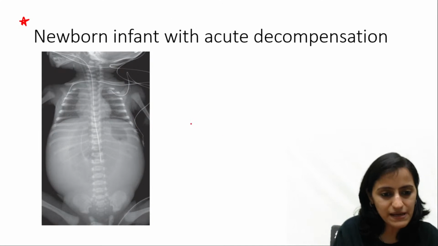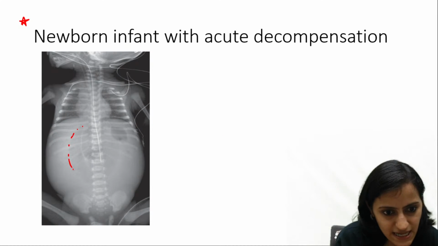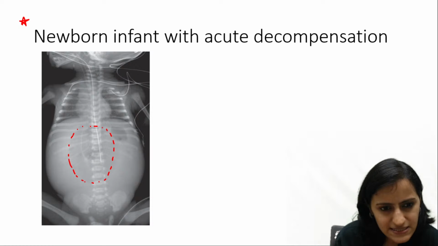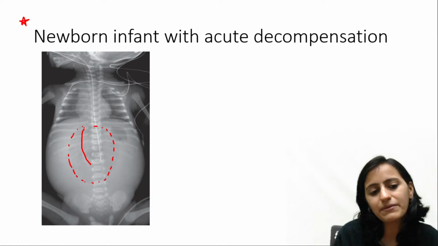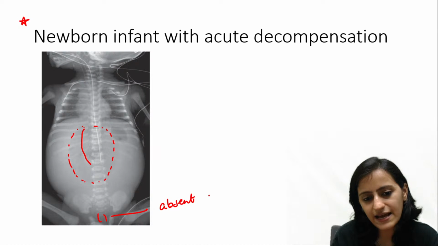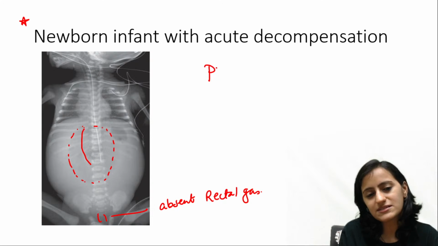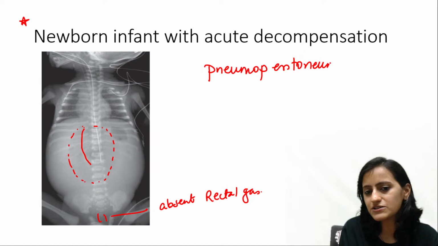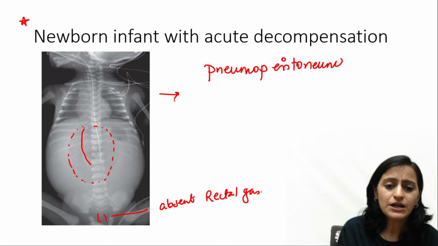So this is basically your football sign here, the air lucency in the center. This is the ligament outlined by air, and you have the absent rectal gas. All these are features suggestive of pneumoperitoneum.